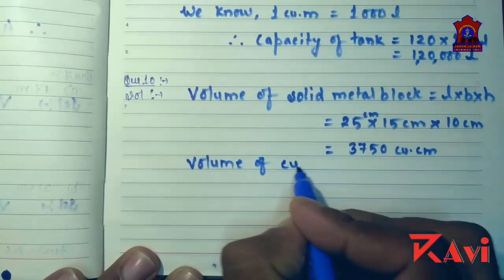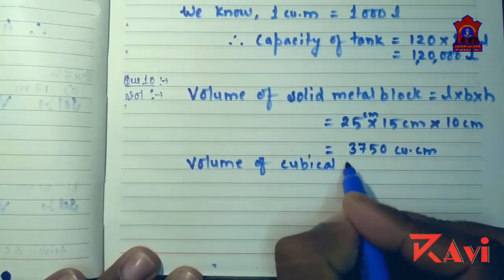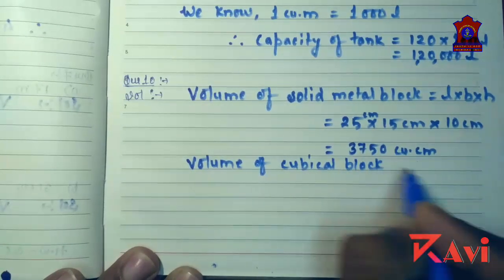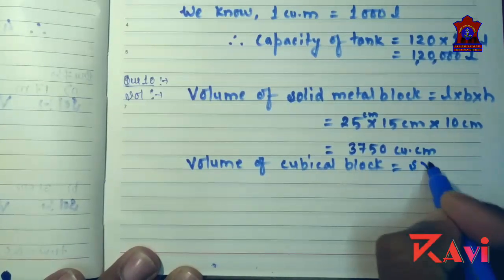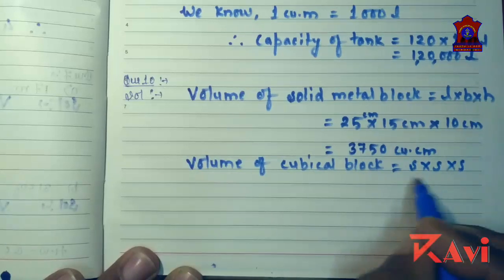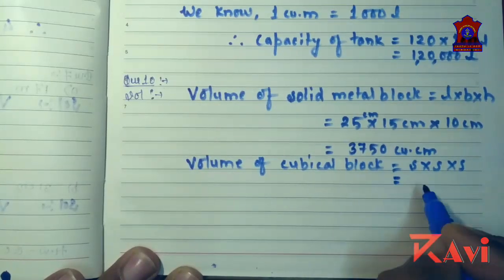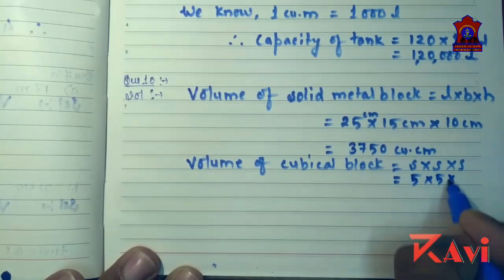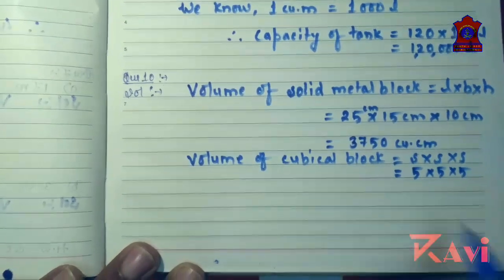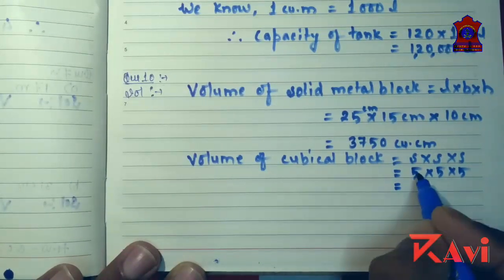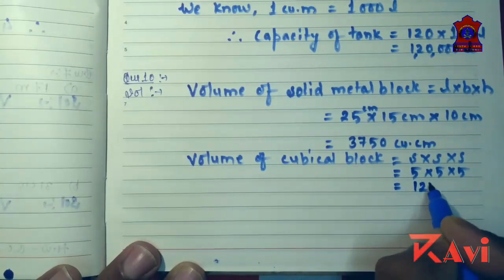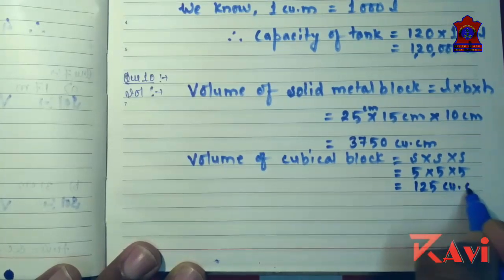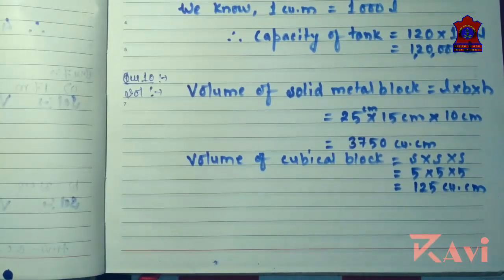Now we'll find out volume of cubical block equals to side into side into side. See here, side is given as 5 into 5 into 5. Clear? So 5 into 5 into 5 is 5 5 25, 25 5 125 cubic centimeter. Clear? Now the question is asking find the number of cubical blocks if each side measures 5 centimeter.